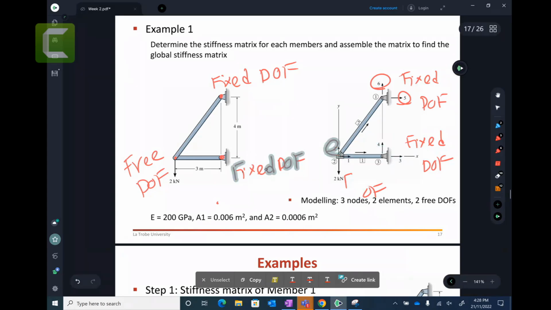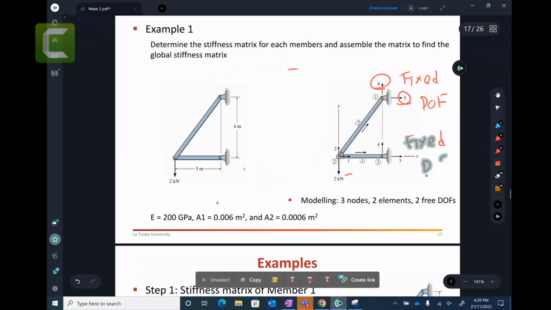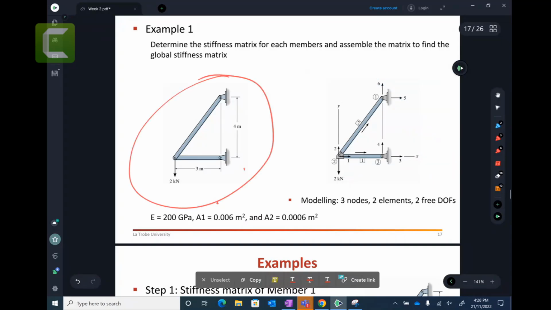All right, a student asked what the number in the circle is and what the number in the square box is. Let's start with the square box. Look at this: the whole truss system has two elements, element number 1 and element number 2.